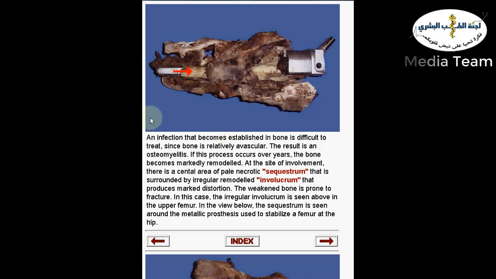And we have new bone formation that is going to heal, remodel and stabilize the site of fracture and infection, and we call it involucrum. So involucrum contains new remodeled bone. It's a little bit immature, and the bone trabeculae in it are irregular, with woven bone, and it's not as healthy and organized as the mature normal bone in the skeletal system in general.